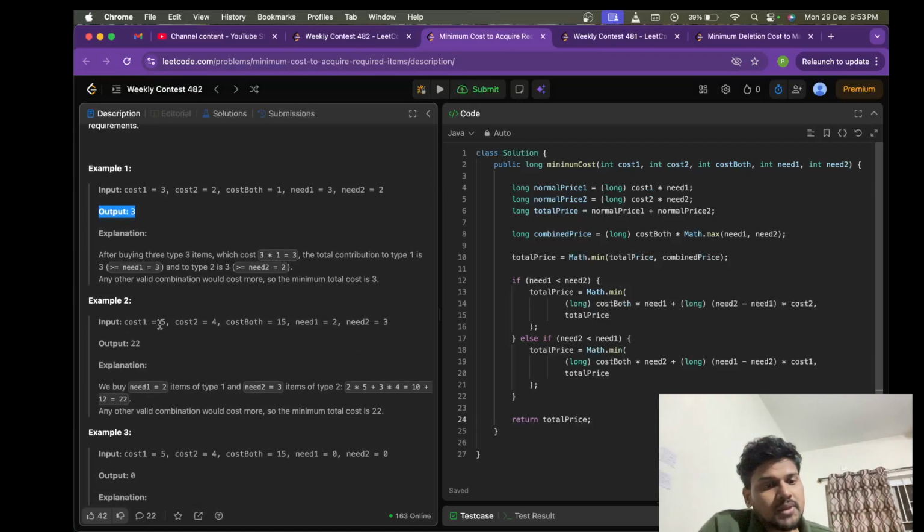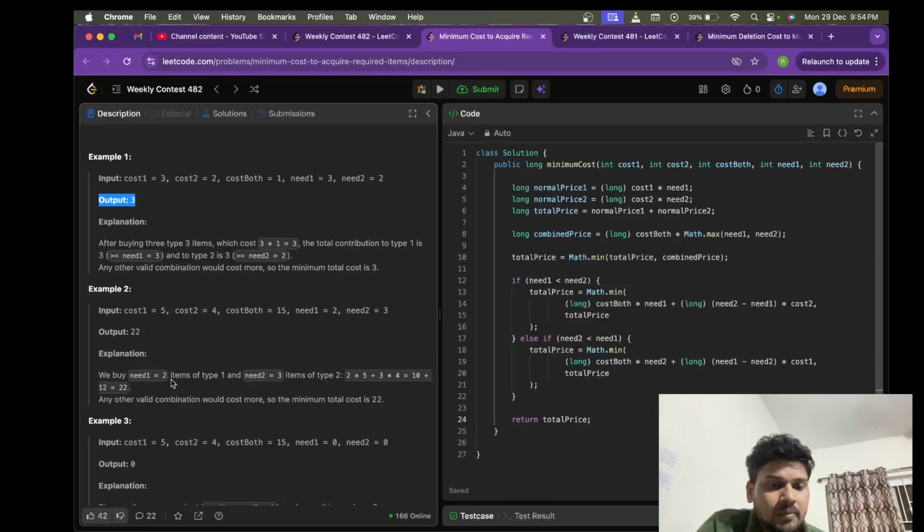Similarly, for example 2, we have cost1, cost2, and costBoth. Here we have the requirement of need1 and need2. If we go with the individual costs, it is giving us 22. So individually we will buy this, so it is 22.